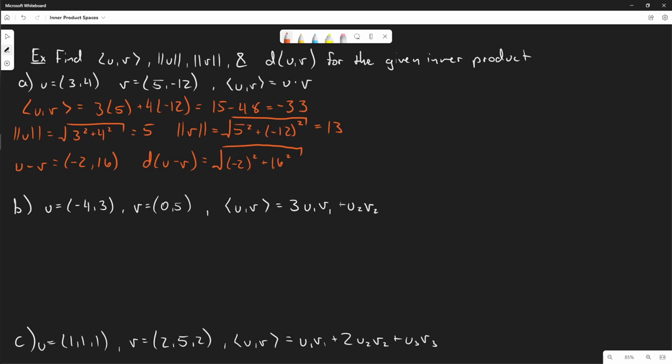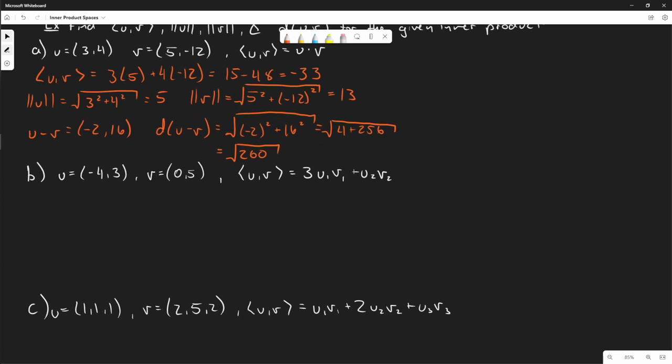And so that'll be the square root of 4 plus 256. Is it 256 or is it 216? I think it's 256, yeah, because 15 squared is 225. And so this will be equal to the square root of 260.